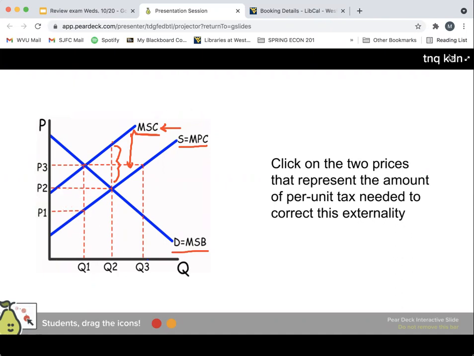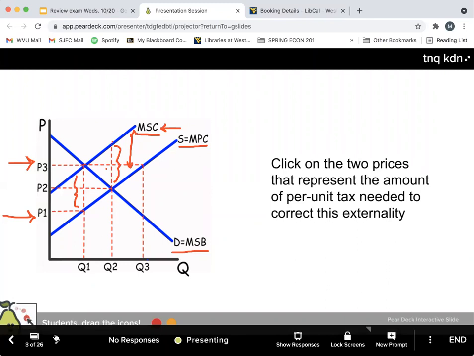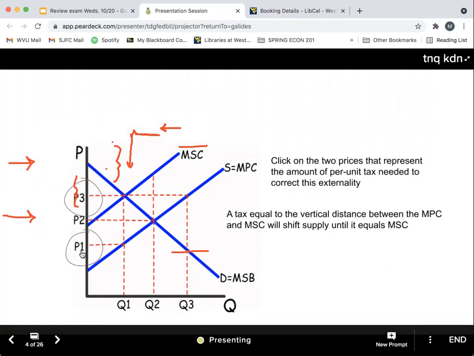So I know that this distance here is going to be the same as this distance here. So the two prices that I need to look at, to use to calculate that tax needed to correct the externality, are going to be P1 and P3. So P3 minus P1 is going to equal that amount of tax. All right. So we move to that next slide. P1, P3. Okay.